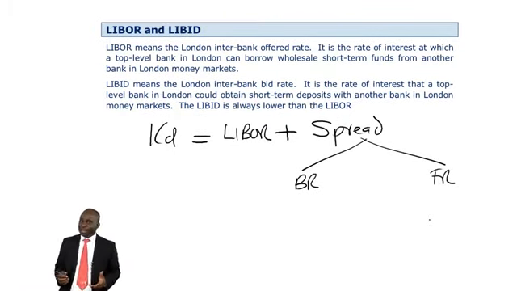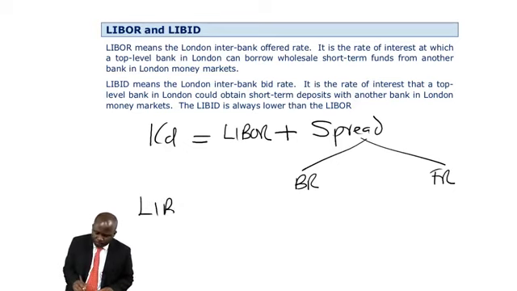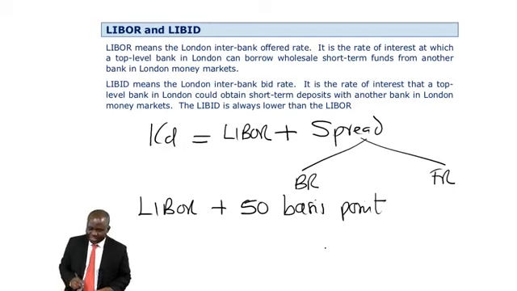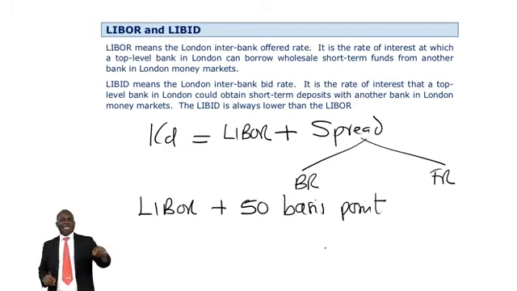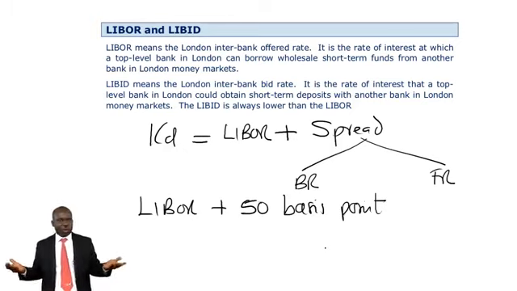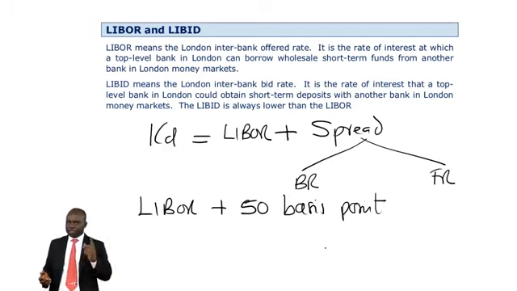So the examiner might say that the company borrows at LIBOR plus, let's say, 50 basis points. What has he said? I'm borrowing at LIBOR plus 50 basis points. This is the way we can also calculate the cost of debt. So 50 basis points, what is the meaning?